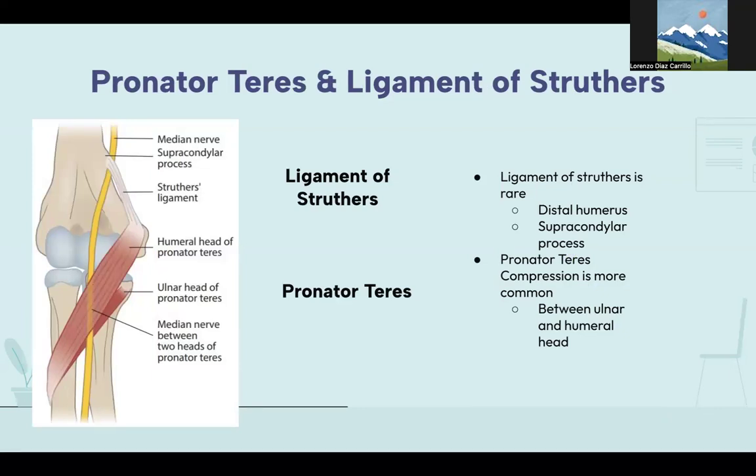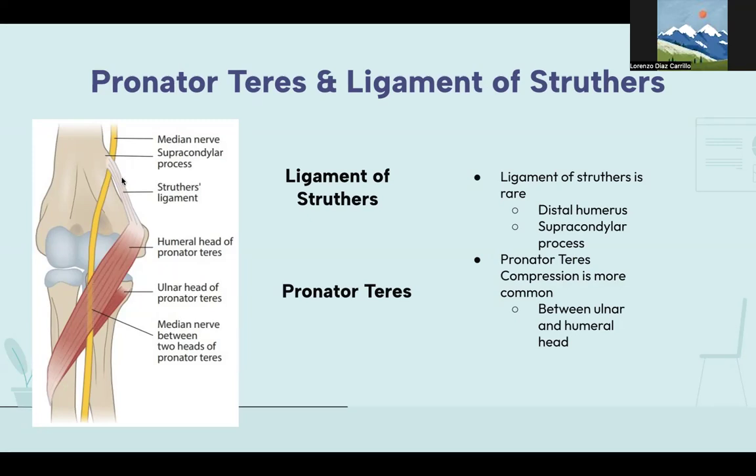This is one I said was interesting because it's not present in everyone. In fact, it's a variation that's only seen with people who have, on top of that, another variation on their distal humerus called the supracondylar process near the medial epicondyle. Pretty uncommon, but I believe it's present in 2 to 3% of the population. So essentially, there's this extra bony prominence on the humerus that causes the ligament of Struthers to be present, and that little site of compression right here on that tiny ligament can be a site of proximal compression.